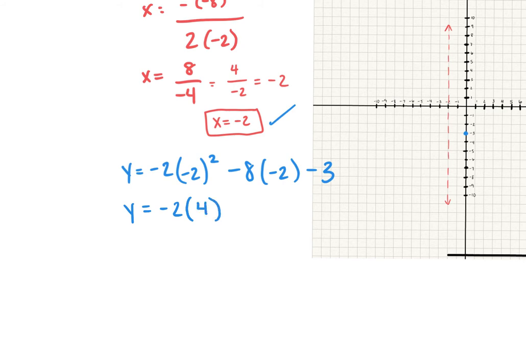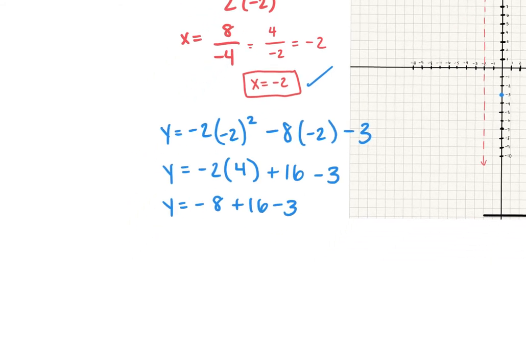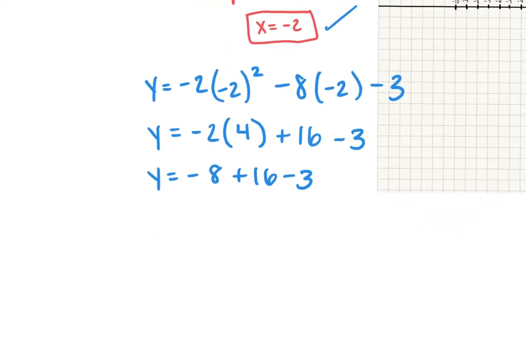And then this second term turns into what? 16. Why +16? Because -8 times -2. Good. And then what? Excellent. Now you can go to the bathroom, okay? Janessa, help me finish it off. Rayoni, can you help me out with this last part? What's -8 plus 16 minus 3?